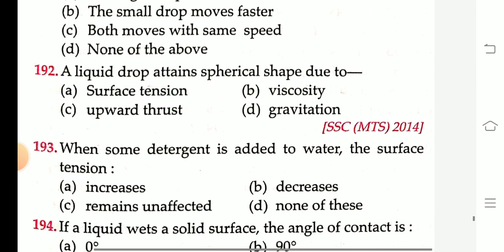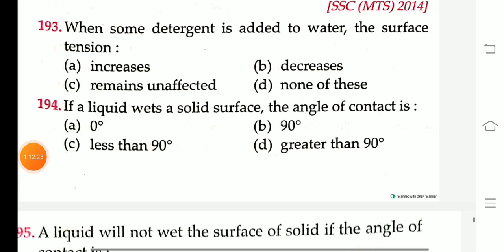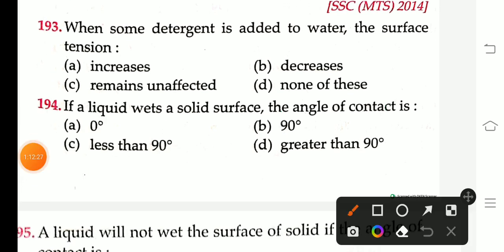Next question. When some detergent is added to water, the surface tension decreases. Next, if a liquid wets a solid surface, the angle of contact is less than 90 degrees.